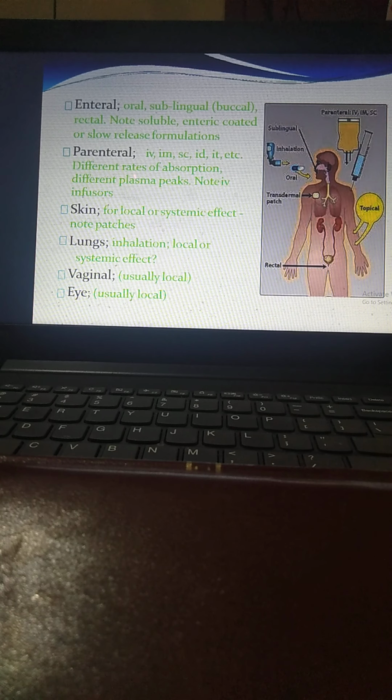These have different rates of absorption, different plasma peaks, and note IV is also infusion. So it depends. In the parenteral, where I have enumerated some examples, this depends upon the particle size and the site, and it is a physicochemical property of the drug. Suppose you give subcutaneous insulin.